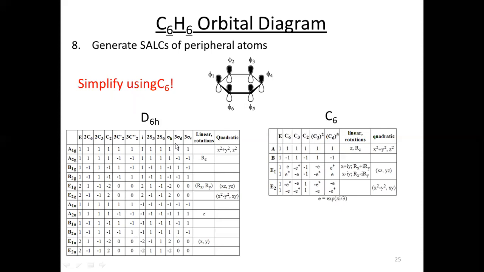But in this case, D6h, you can see how many symmetry operations are there, and we have to solve it by separating. Even we have 2C6, we have to separately divide into 2C6, then 2C3, then 3C2 double dash, and we have to solve it very separately, and it will be cumbersome for us to solve the whole of the symmetry adapted linear combinations by using this D6h point group.